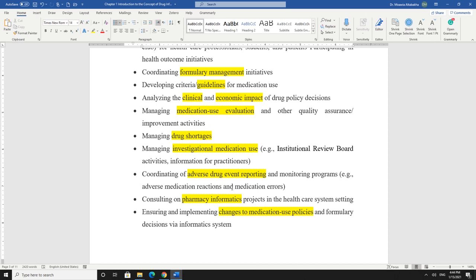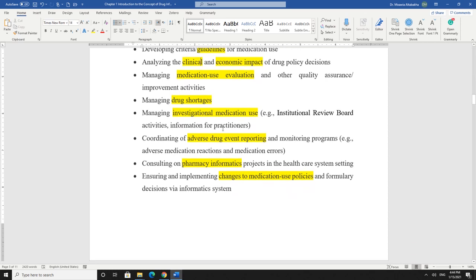To see the benefits and analyze them, and also the cost, and you do your analysis. Also, you can do a medication use evaluation and other quality assurance activities. For example, for a certain drug, how often it is used, by whom it is used, what the cost is, etc.